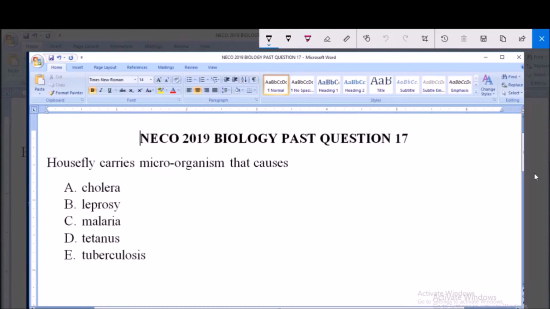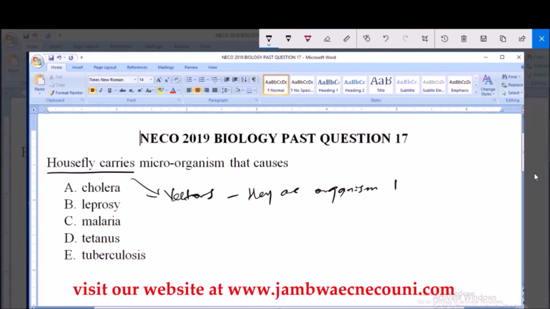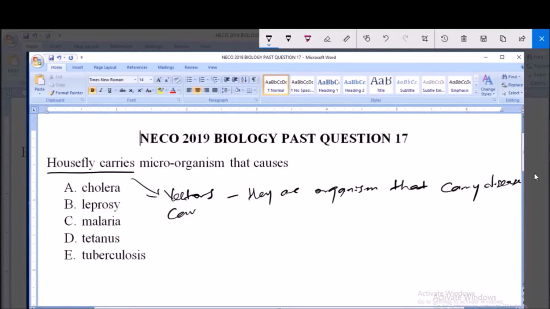Now, houseflies are referred to as vectors. They are disease vectors. That is, they are organisms that carry disease-causing organisms.